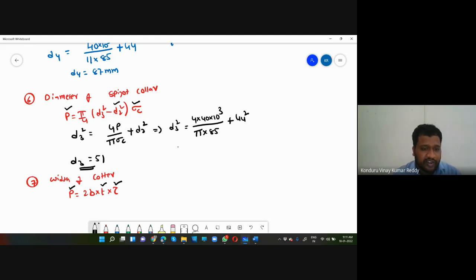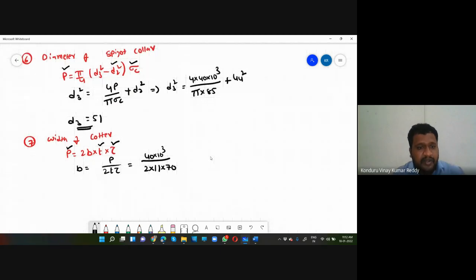The thing is that we have to find out B value. B is equal to P by 2T into shear stress. That is, P is nothing but 40 into 10 to the power of 3 by 2 into T value. T value is nothing but 11. Shear stress value is already provided in the question, that is 70 megapascal, nothing but 70 Newton per millimeter square. Thereby, B value is equal to 26 millimeters.